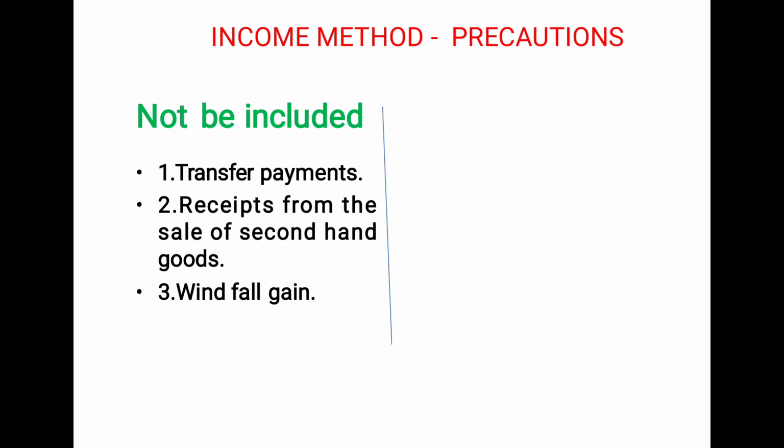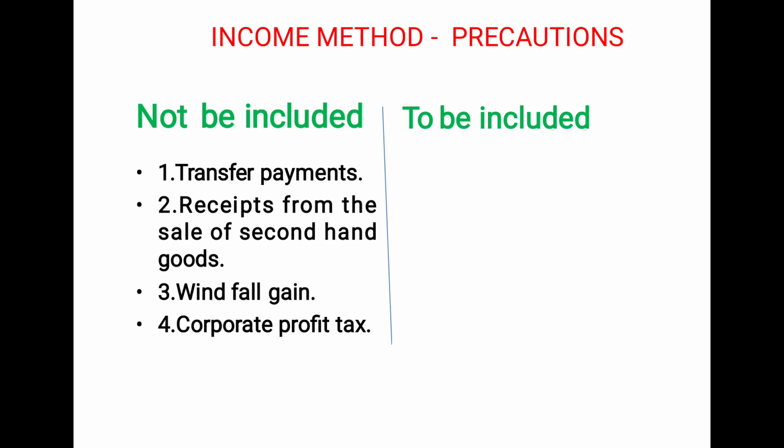The money from lotteries cannot be included in the income method. The next one is corporate profit. Corporate profit cannot be included separately as it has already been included as a part of the company's profit. So it is already added there in the company's profit.